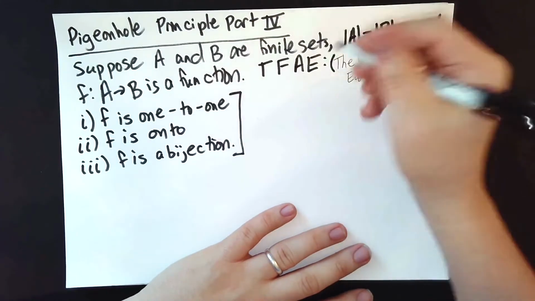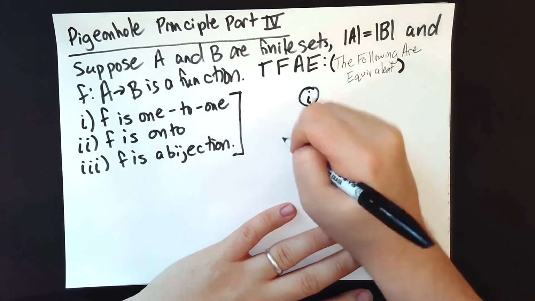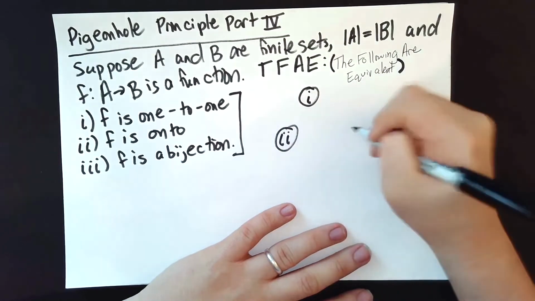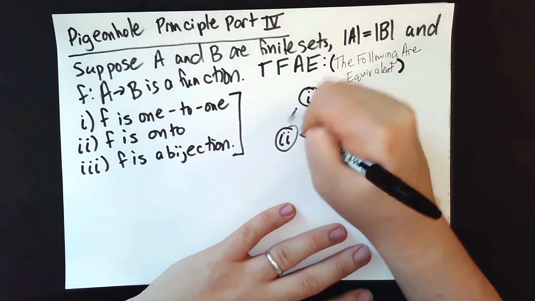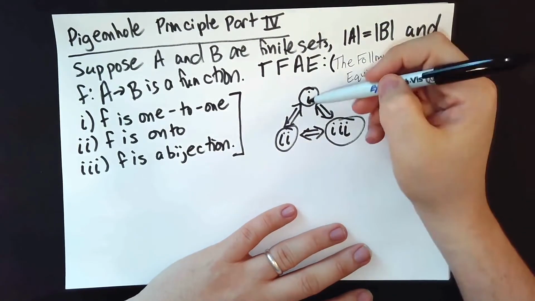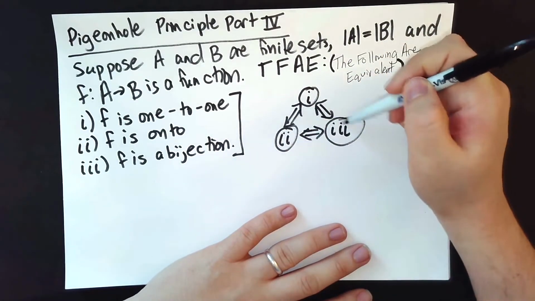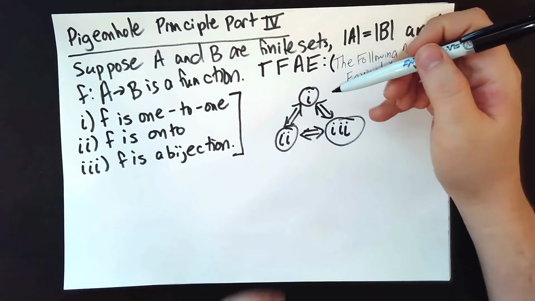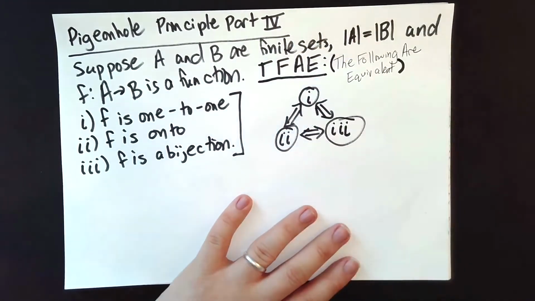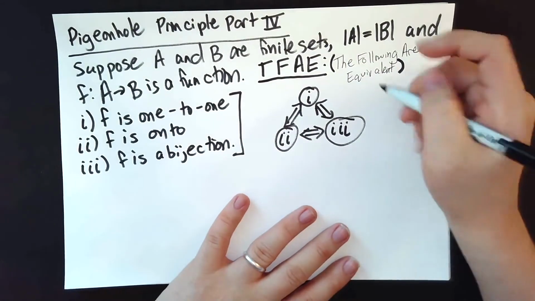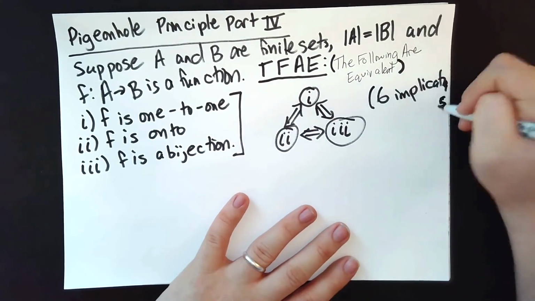So that is to say, if I write down each of these things as a bubble, there's a biconditional between every pair of them. So 1 if and only if 2, if and only if 3, if and only if 1. And so when I make this the following are equivalent statement, what I'm really doing is I'm really telling you 6 different implications.